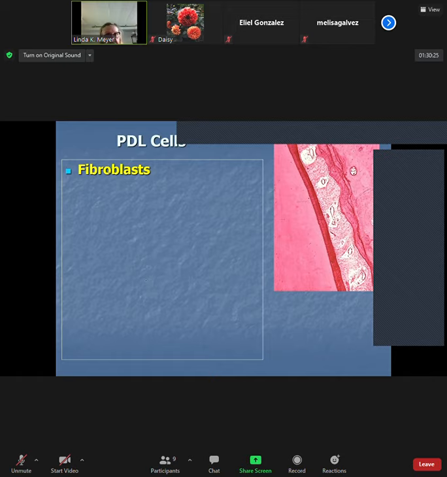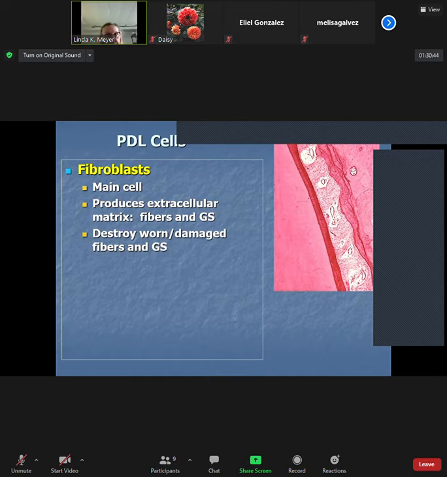So fibroblasts are the main cell. They're going to make all of the extracellular matrix. All the fibers in the PDL, all the ground substance is produced by the fibroblasts. Nothing different from connective tissue proper. Okay, they're going to turn over the worn out fibers and ground substance and replace them with new ones. Nothing different.